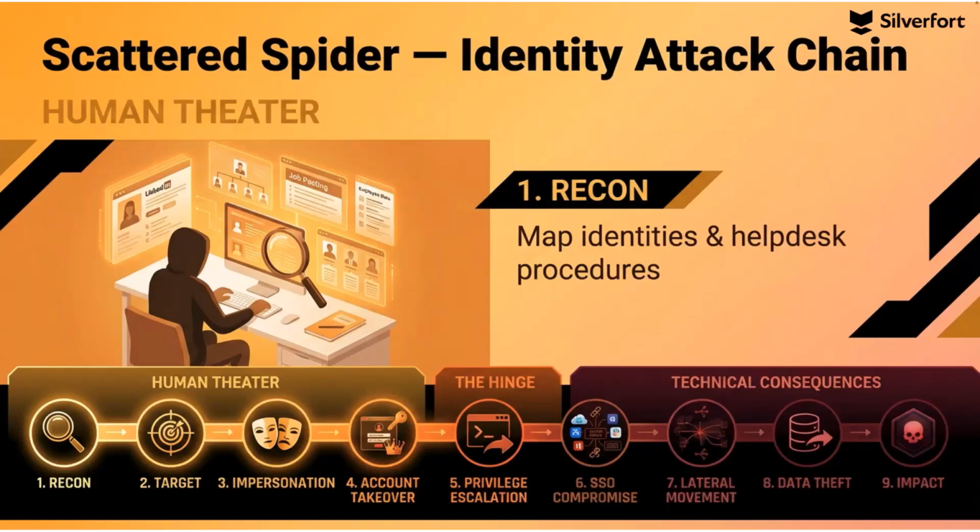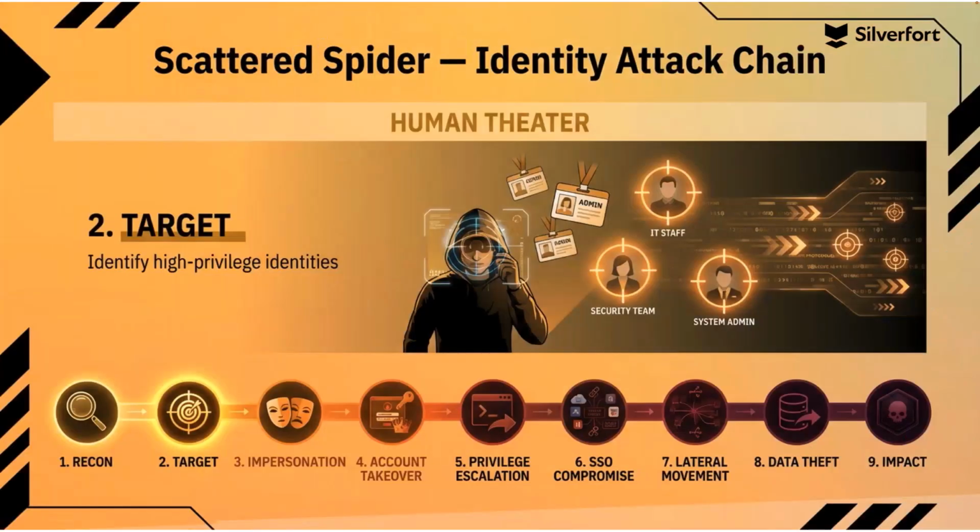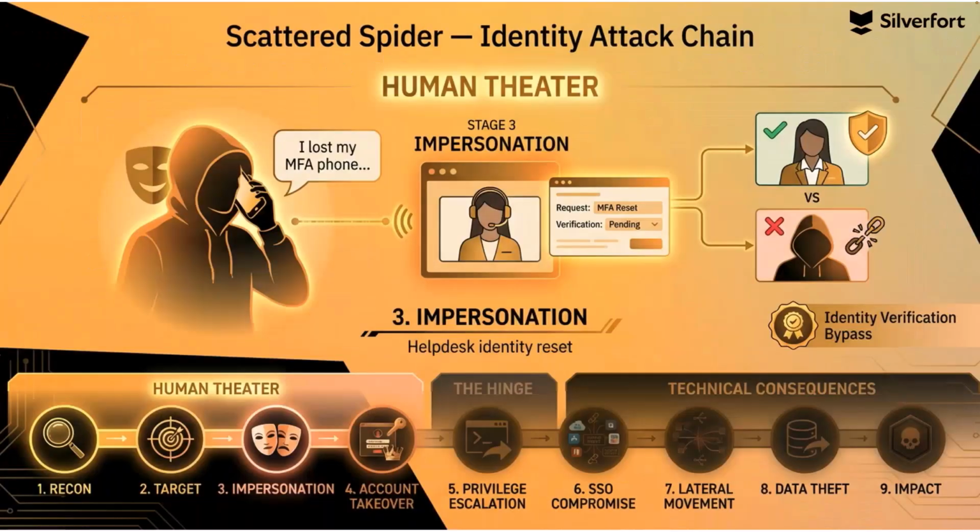The way they usually do that is by social engineering you once they find you, or by provoking a call to a call center and impersonating you. They know that they don't have the password, and they don't have the phone or the application on the phone that allows them to run the multi-factor authentication.